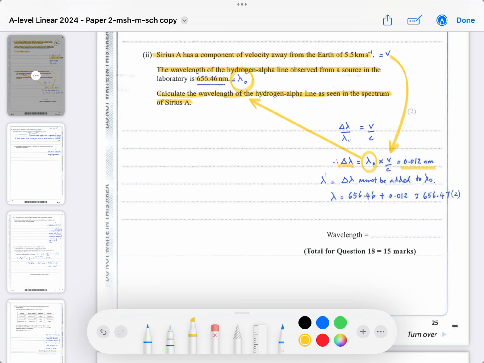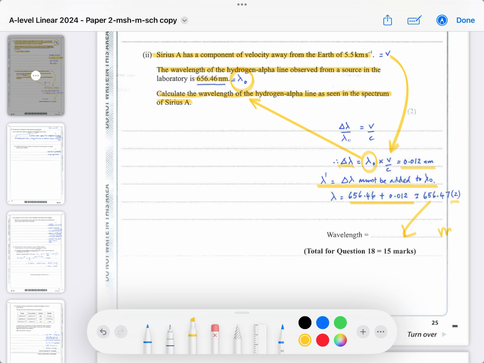It should be redshifted, so it should be getting longer. So delta lambda must be added to lambda naught because it's getting longer. So you add the 0.012 and you work out that the wavelength that you put in here will be 656.47. Yes, if you want to put one more significant figure, the next digit is 2.